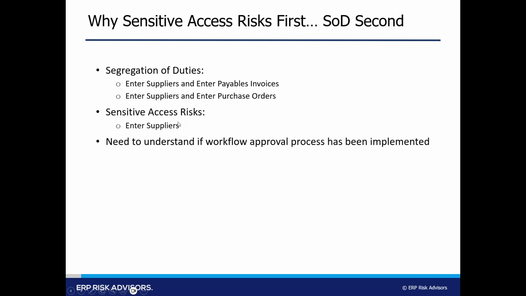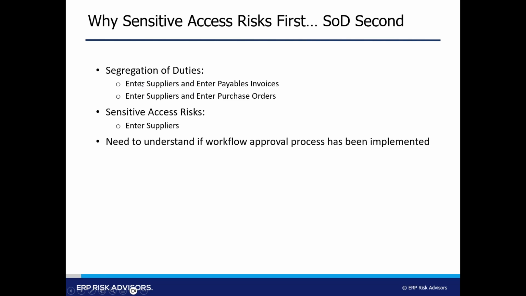Then I've potentially fully mitigated the risk related to the entry of suppliers, because I have workflow properly designed, and I don't have anybody that has abilities like FBDI that bypass the workflow approval process. So if I address sensitive access risk first, when I get to the segregation of duties side of this, I've already effectively defined what my risks are for suppliers.